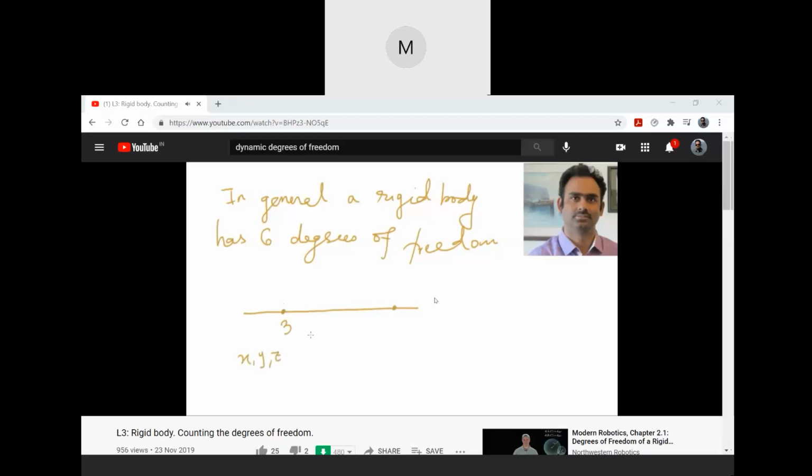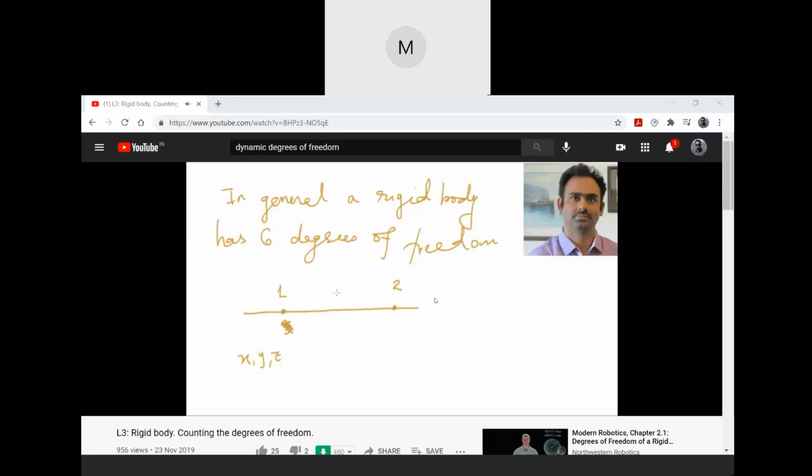Now, point number 2 could be anywhere on the sphere centered about point 1, right?